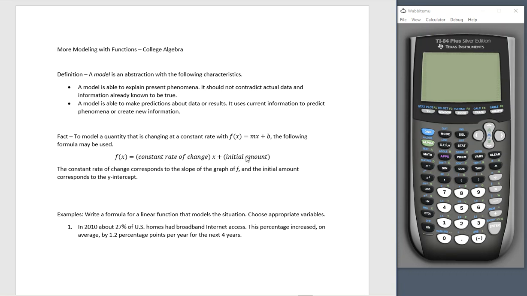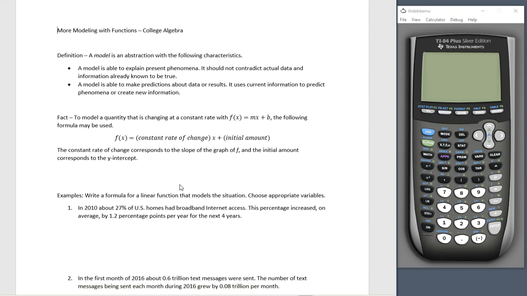What was the initial level? It was initially at sea level, but you know what I mean. So the constant rate of change times the variable x plus the initial amount that we started with. The constant rate of change corresponds to the slope of the graph f, and the initial amount corresponds to the y-intercept, just like they do in the formula f of x equals mx plus b.